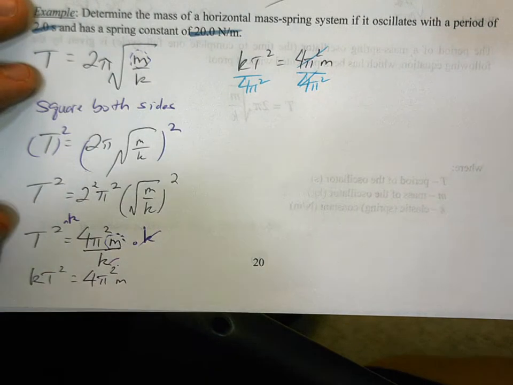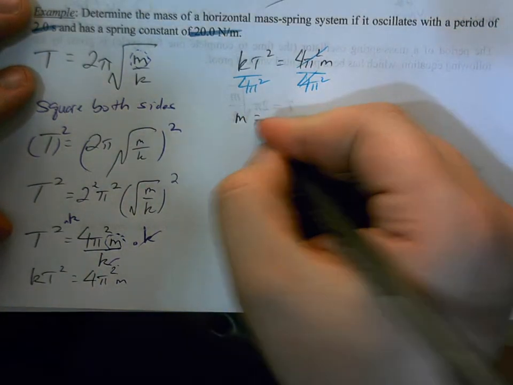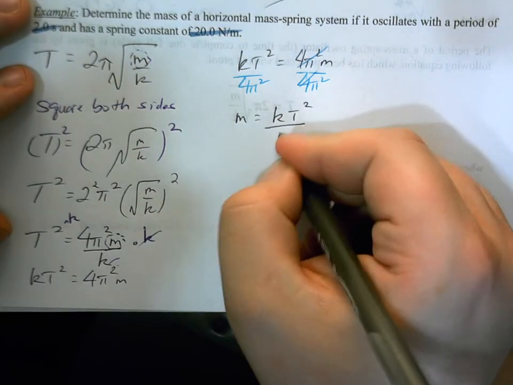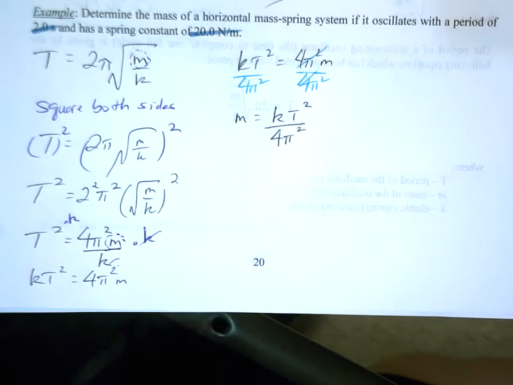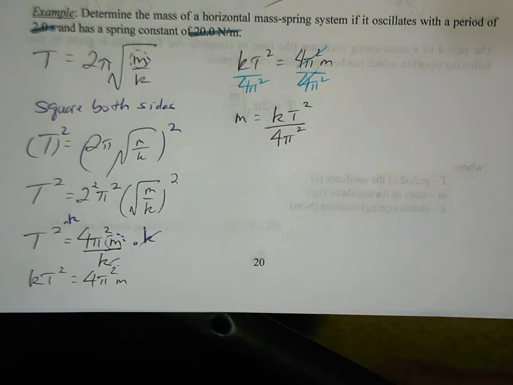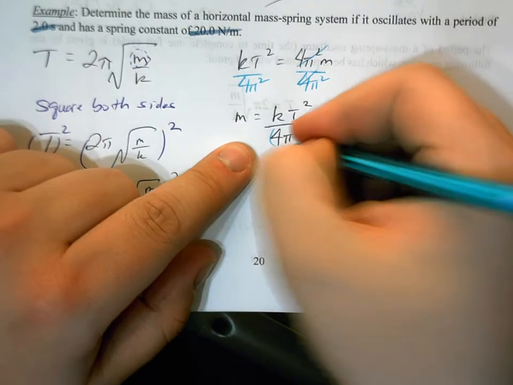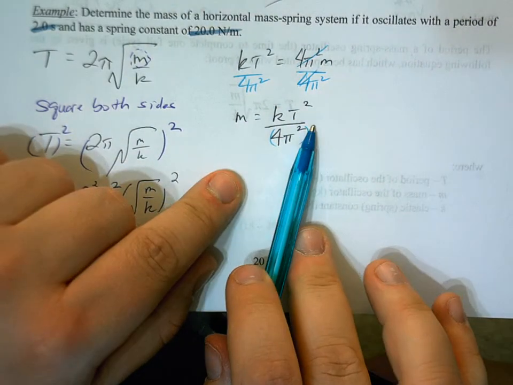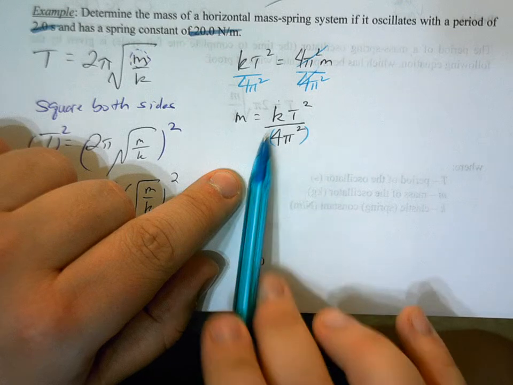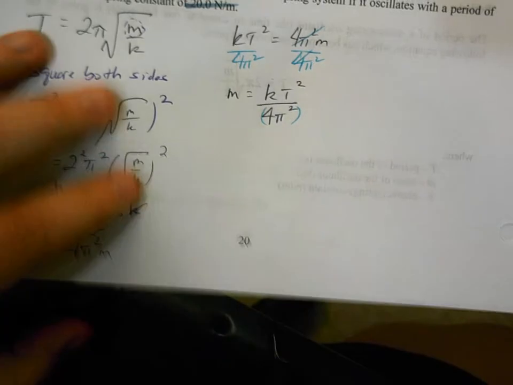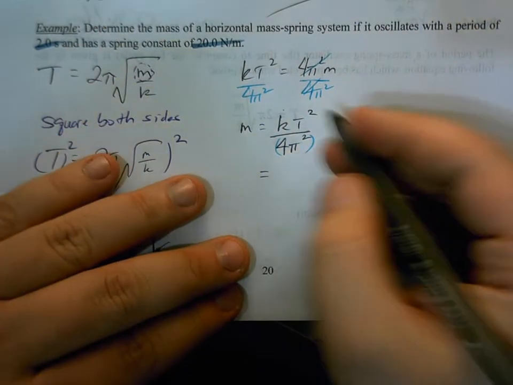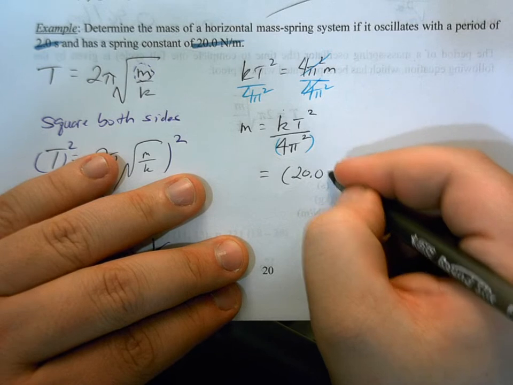So what we're going to find for this system is that the mass is equal to kT squared divided by 4 pi squared. The biggest mistake students will make in the calculator, again, we have more than one term in the denominator. In your calculator, make sure you put brackets around the 4 pi squared because we want to divide the top by this whole piece. So the last little bit here, we have a spring constant of 20 newtons per meter.